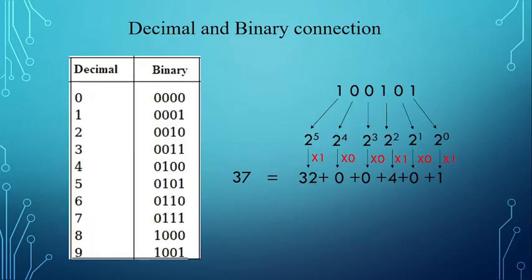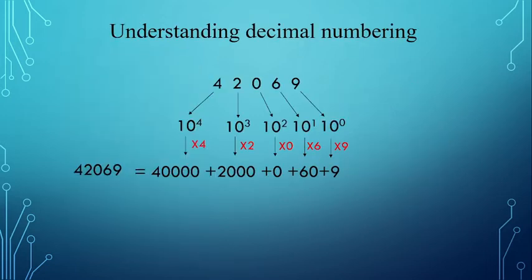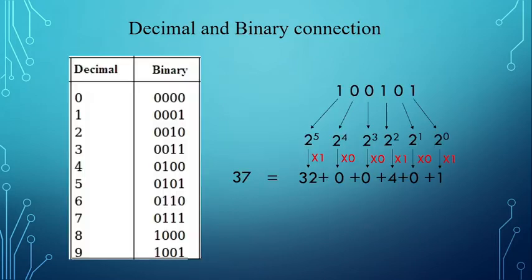Okay. Now, if we take binary, it is the same thing, but binary can't go up to 9 like before. Here, in decimal, we can put 9, but in binary we can go up only to 1. So 0 and 1 only.